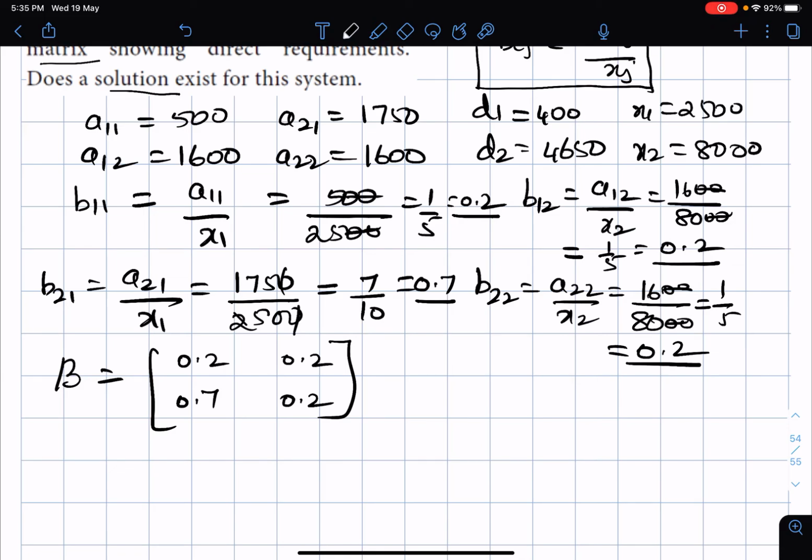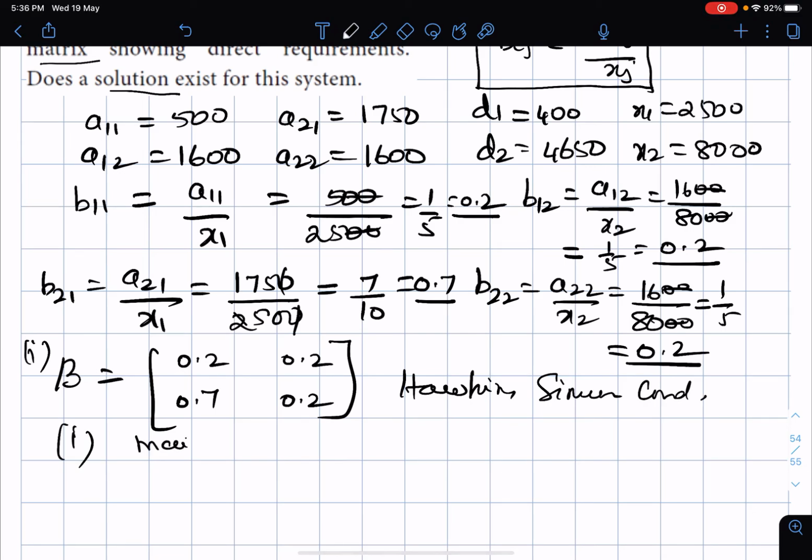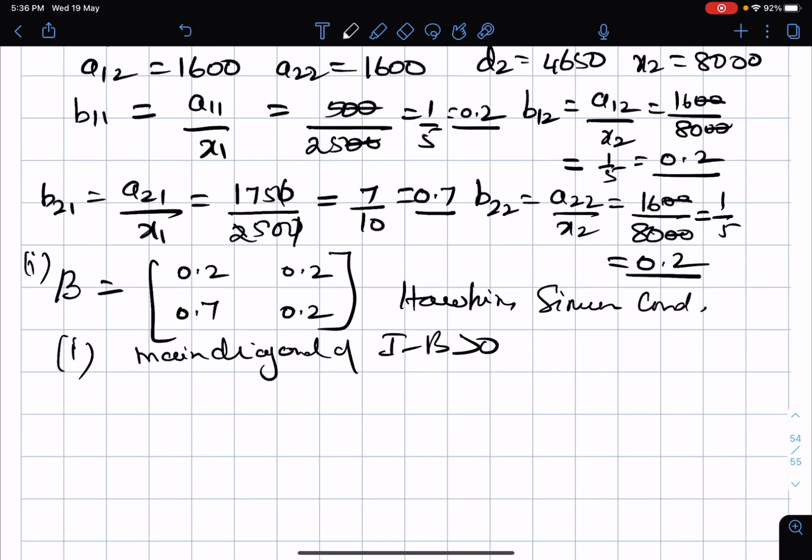Now we are finished with the first subdivision. Next we go to the Hawkins-Simon condition. What is the first condition? The main diagonal of I minus B should be greater than 0. So what is our I minus B? I is going to be your identity matrix of order 2.